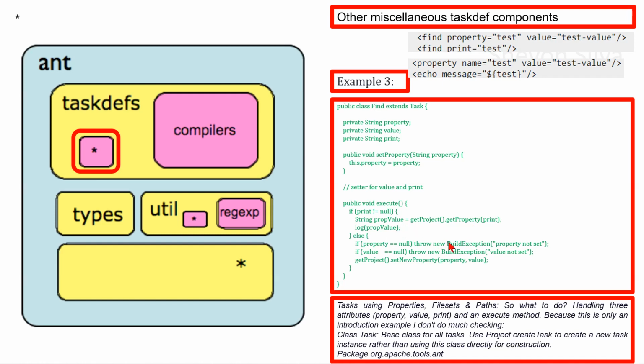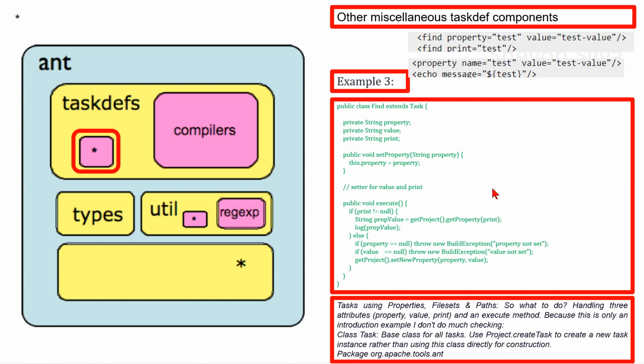Setting a property is not really difficult, but there is more than one setter. You can use the setProperty method, which will do the job as expected. But there is a golden rule in Ant: properties are immutable, and this method sets the property to the specific value, whether it had a value before that or not.